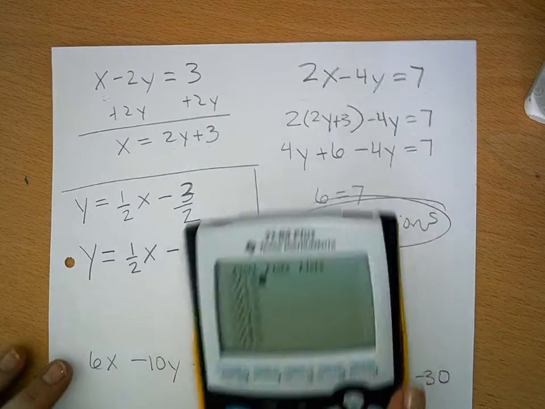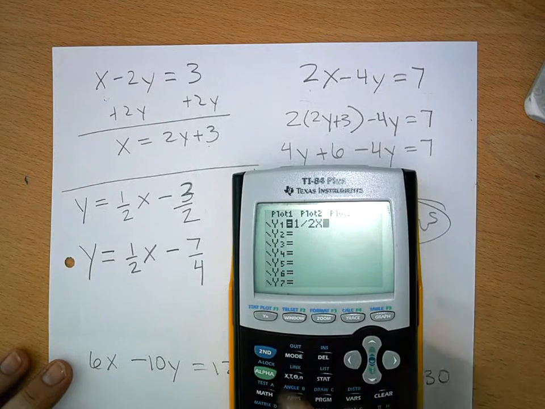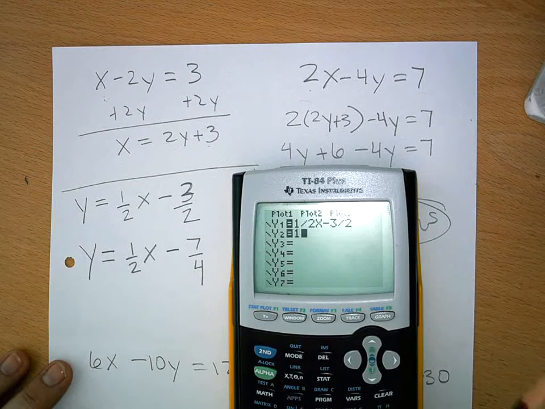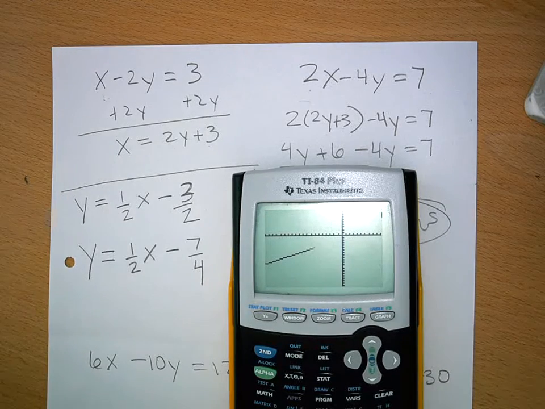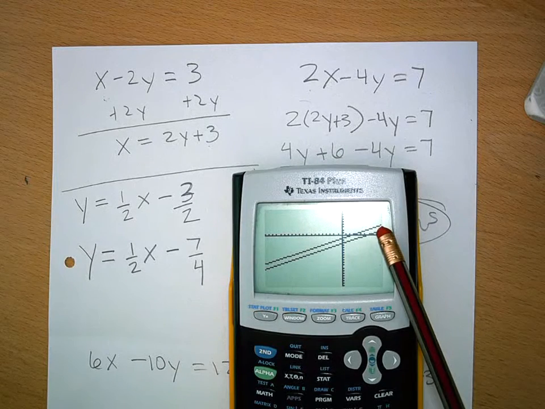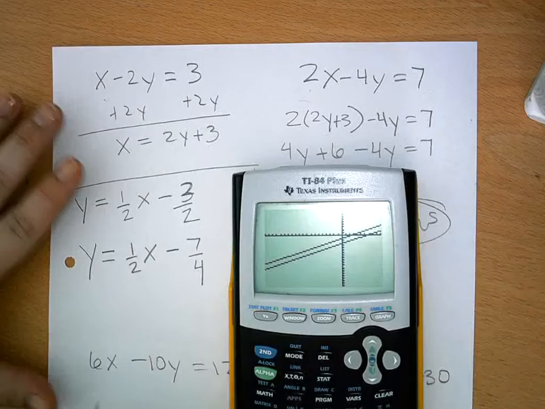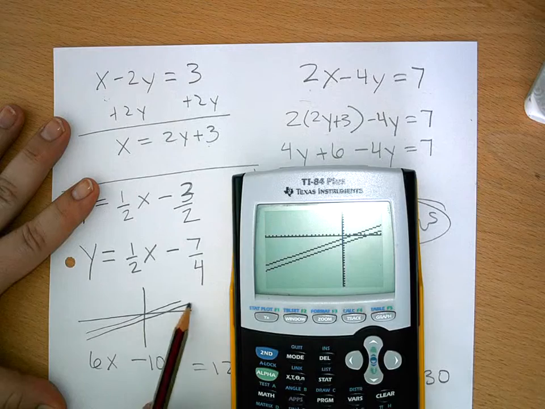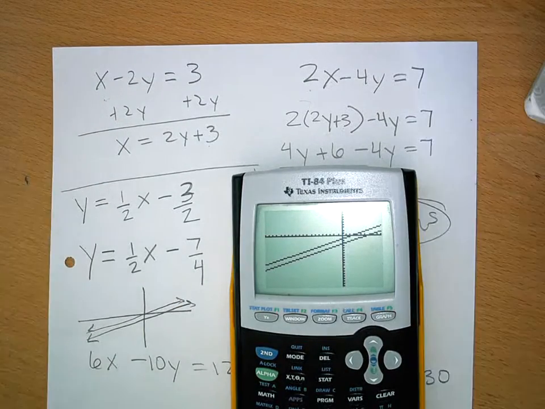And so, if I were to graph them, I would get parallel lines that don't intersect. No intersections. No solutions.